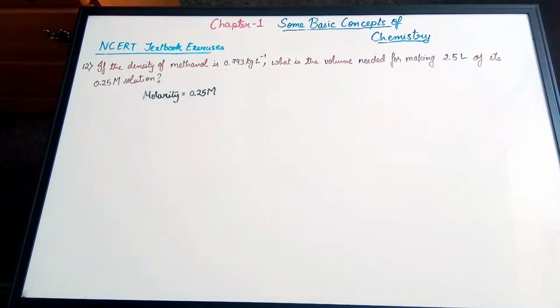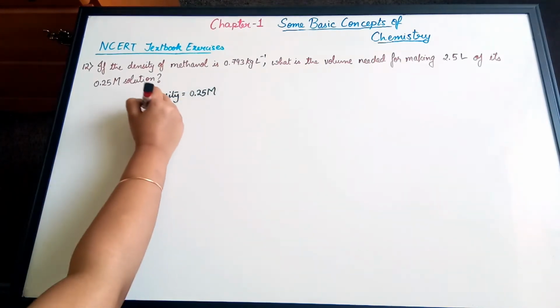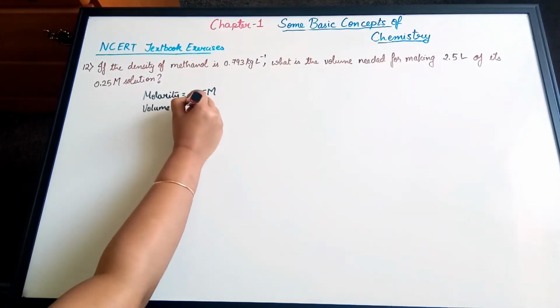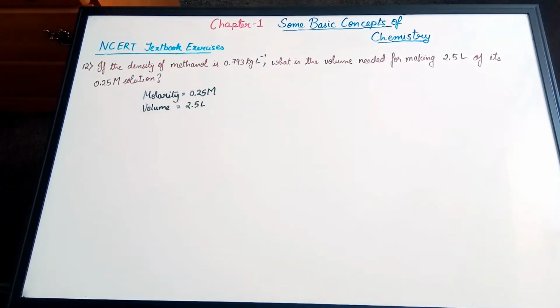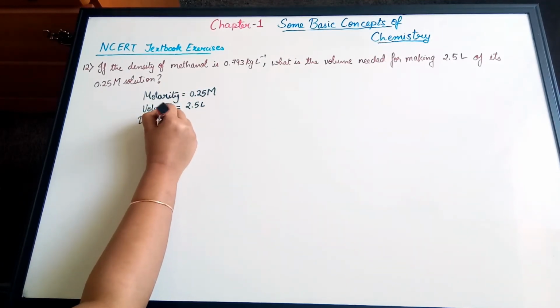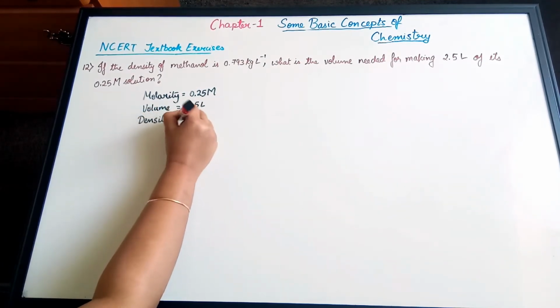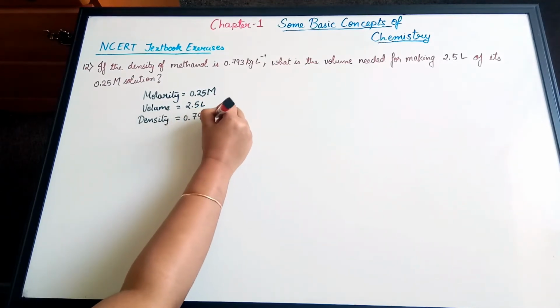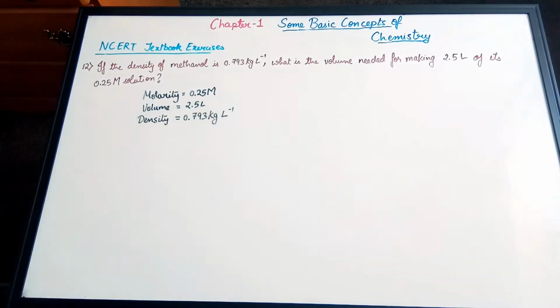We've been given the volume, that is 2.5 liters. And we've also been given the density of methanol, that's equal to 0.793 kilograms per liter. So we need to calculate the volume of methanol needed.